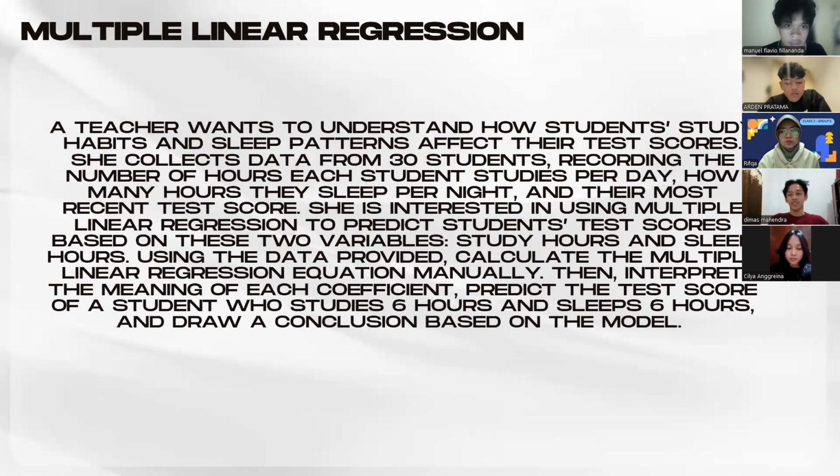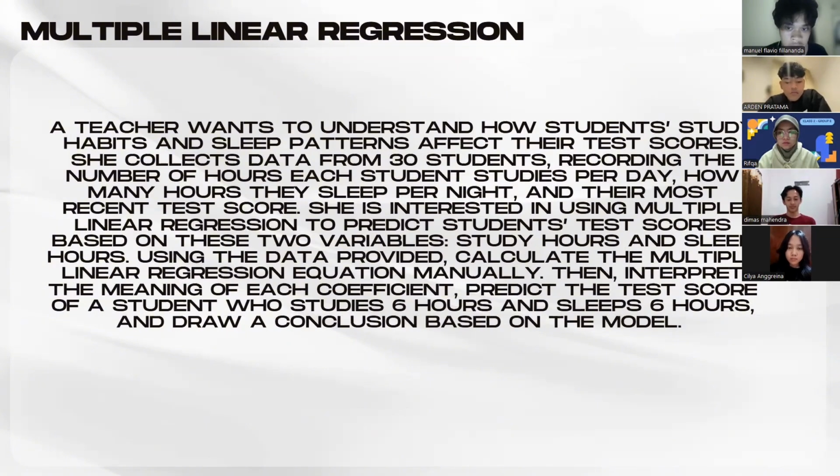For the multiple linear regression, in this case, a teacher wants to understand how student study habits and sleep patterns affect their test score. She collected data from 30 students, recording the number of hours each student studies per day, how many hours they sleep per night, and their most recent test score.